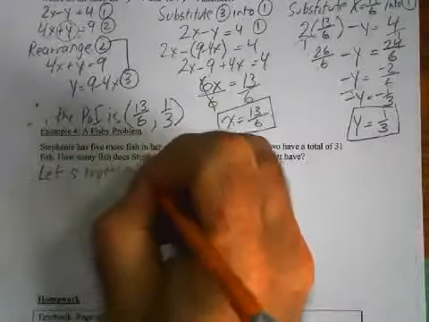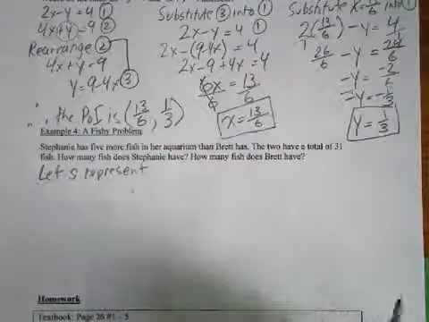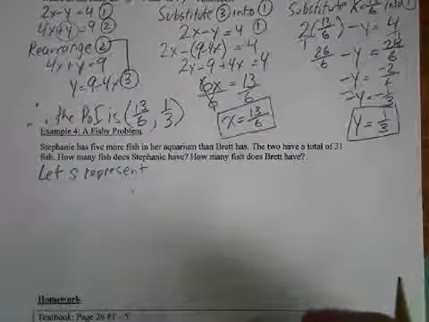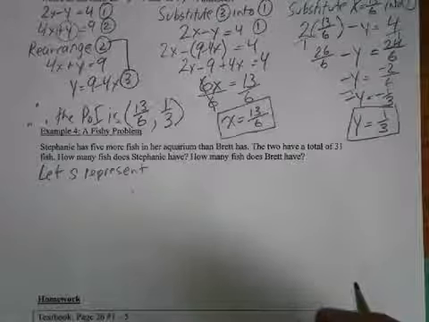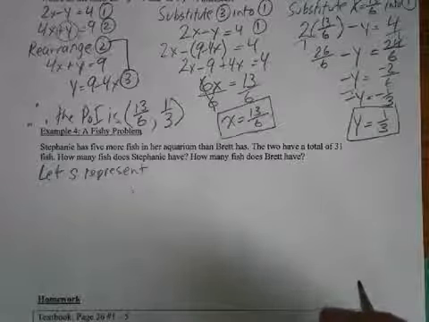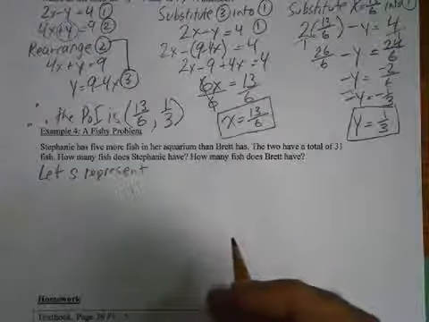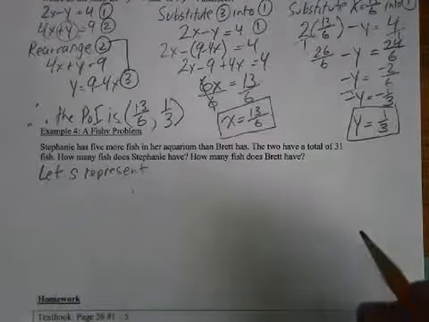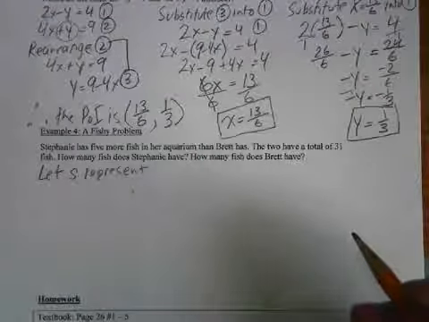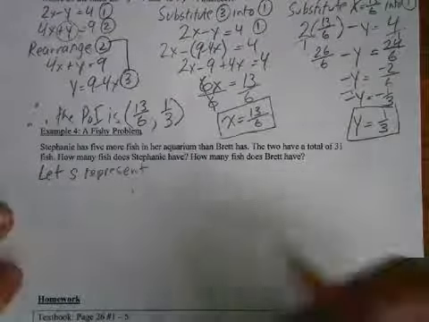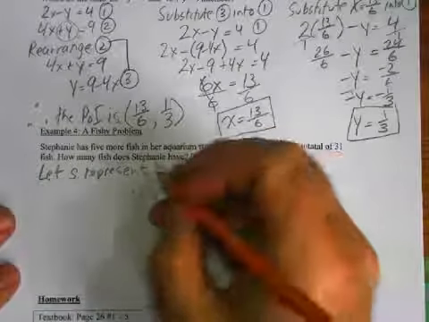Now don't say anything too vague like Stephanie's fish, because you have to say exactly what s represents. If I said let s represent Stephanie's fish, it might mean how much they weigh, how wide they are, how long they are, how tall they are. Lots of different things about Stephanie's fish. We just want to know how many fish Stephanie has.